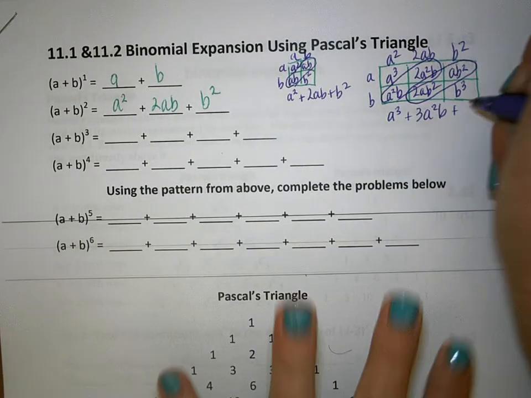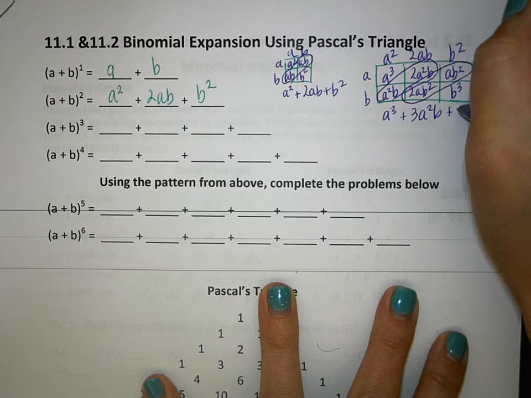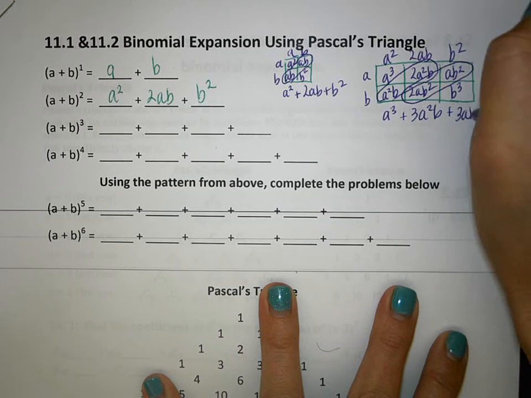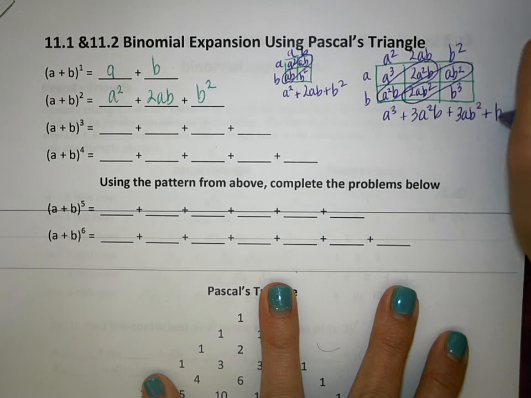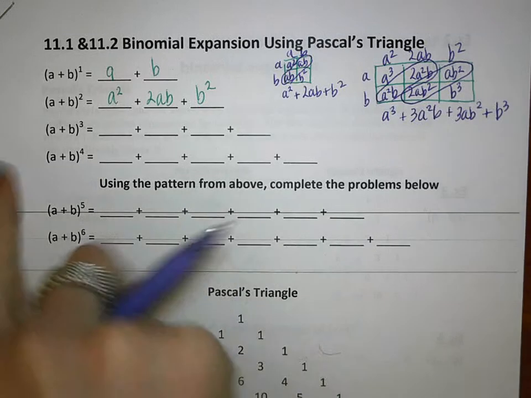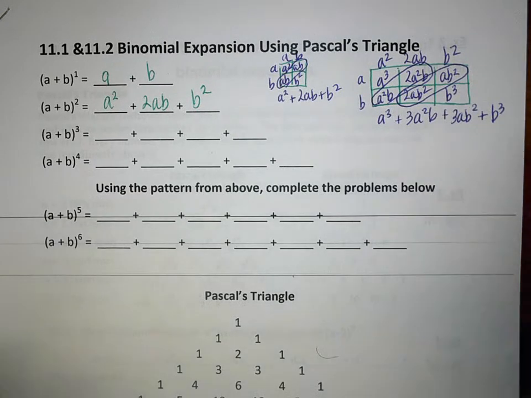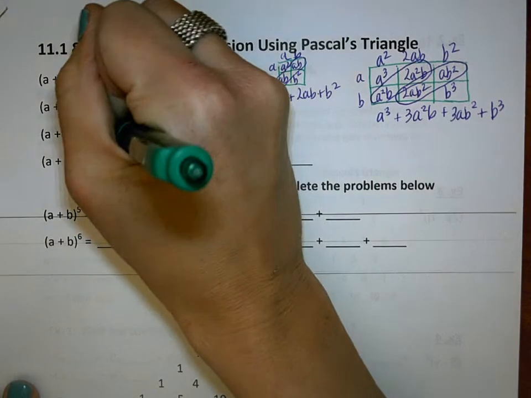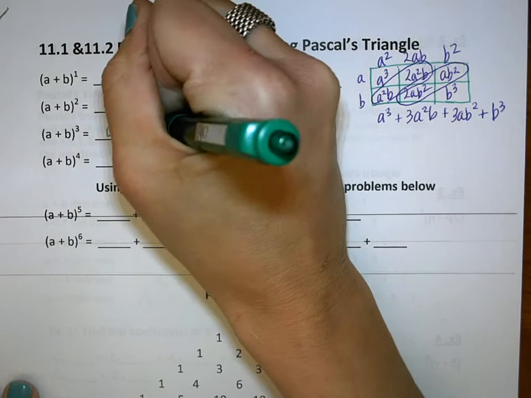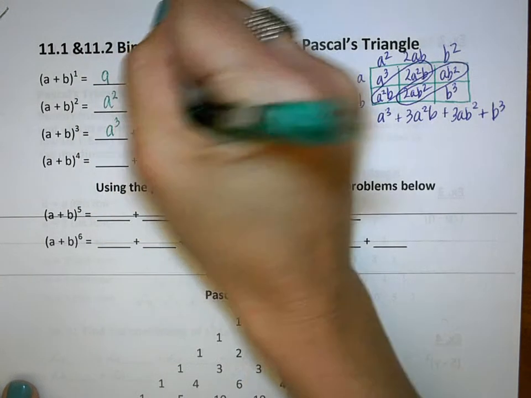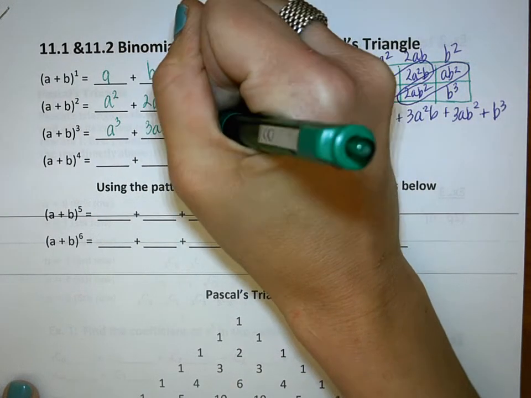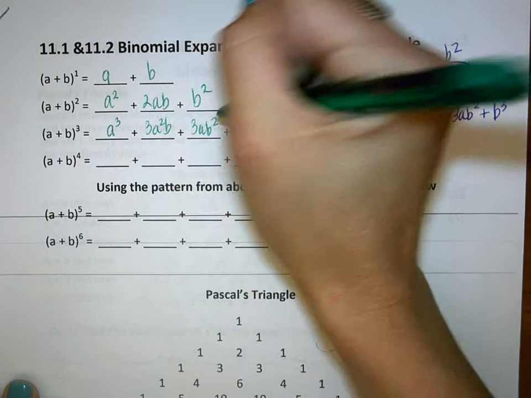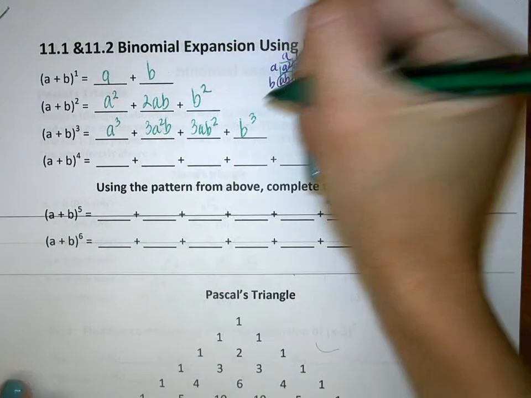And then the next one's going to be 3ab squared, plus b cubed. Okay, so we're going to write that on this line. There are 4 answers here, 4 lines here. So we have a to the third plus 3a squared b plus 3ab squared plus b cubed.